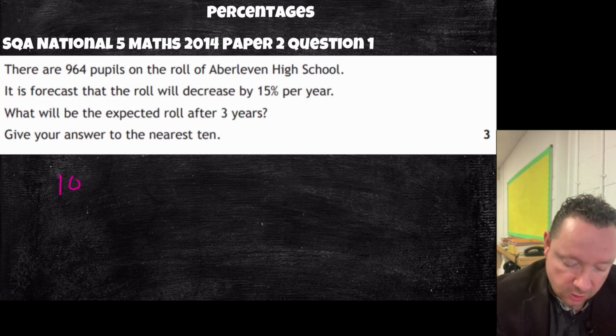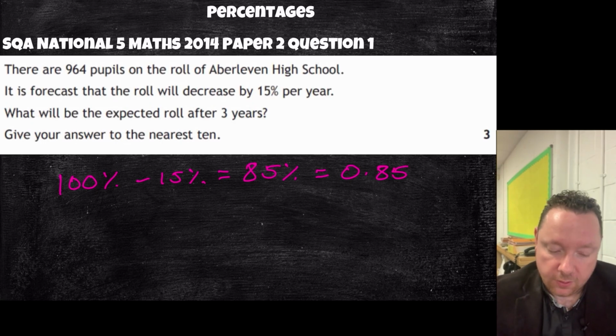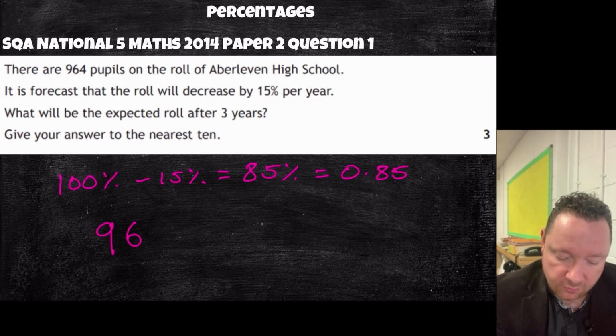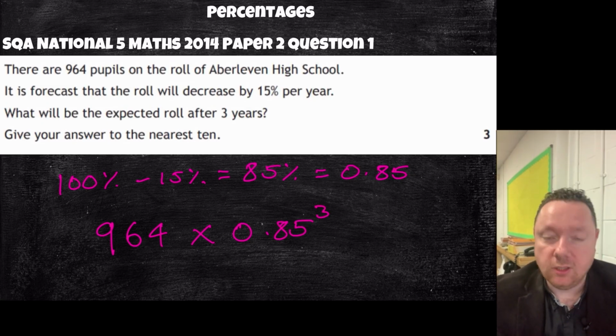If I start off with 100% and take away 15%, that gets me to 85%, which as a decimal is 0.85. That's my multiplier. So I take 964 times 0.85, and then it's over 3 years, so to the power of 3, because this is depreciation.